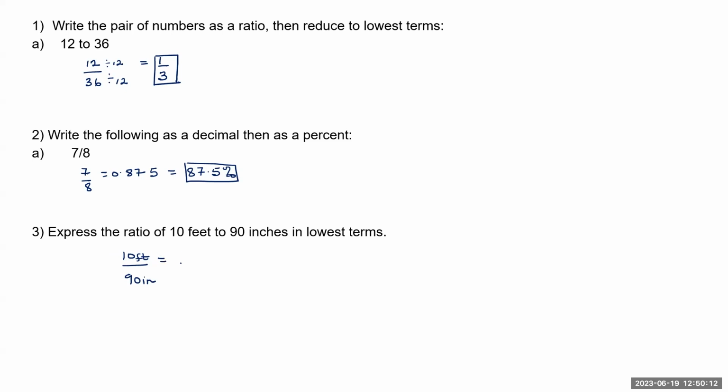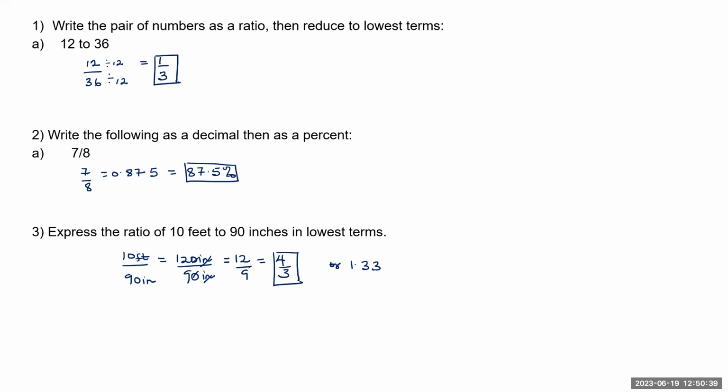And so when we convert this to inches, what we have is 120 inches divided by 90 inches. The units will cancel out, zeros cancel out, and what you're left with is 12/9, which is 4/3 when reduced to its lowest terms.